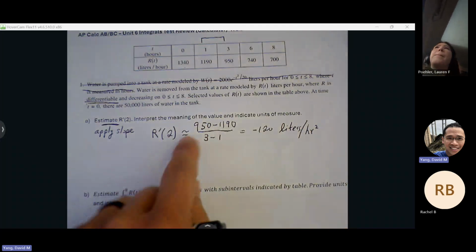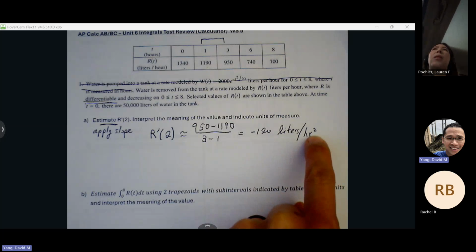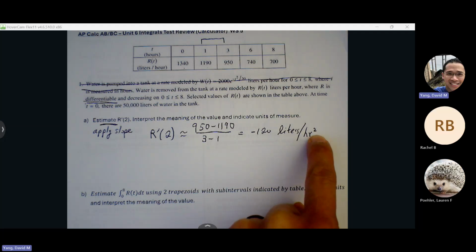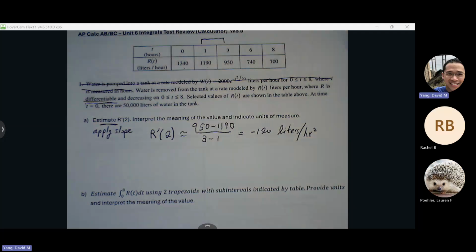So we want to interpret the meaning. Anything at that second derivative level, with units per time squared, we always want to represent with indicating words like the rate is decreasing or the rate is increasing.